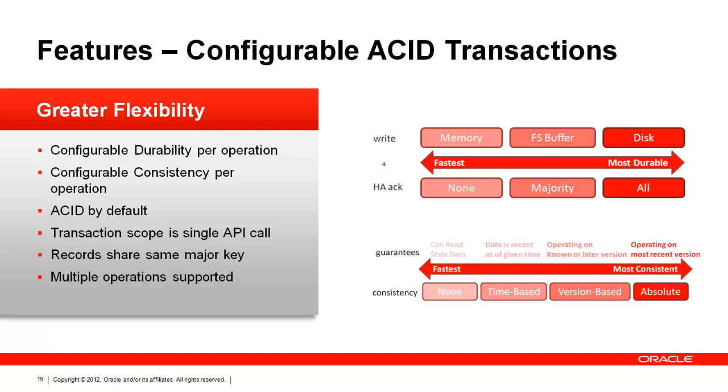Or you can do version-based access. Or you can say, no, I have to make sure I absolutely have the most recent data, which means you direct your read operation back at the master node, and you're guaranteed to get a fully ACID type of transaction, from both a write and a read consistency perspective.